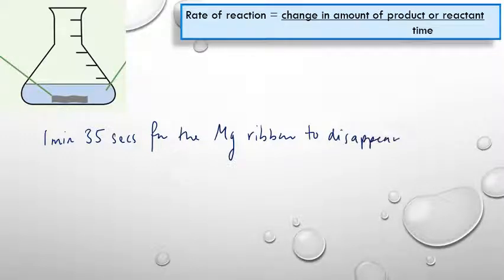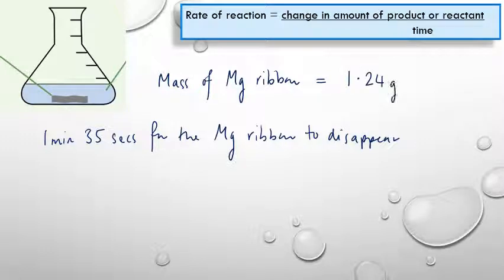So let's say we weighed our magnesium ribbon, the mass before we did the reaction, and it was 1.24 grams. Our rate of reaction therefore would be the change in amount of reactant or product. Well, we're looking at a reactant, the magnesium ribbon, and we're looking at its mass. So it'd be 1.24 grams divided by the time.